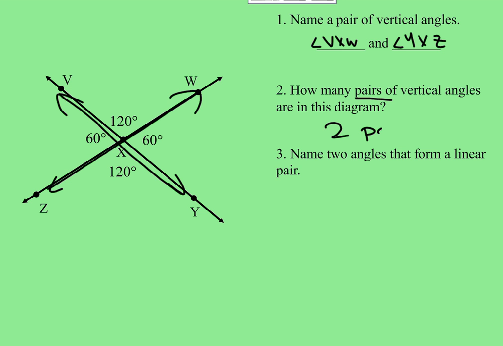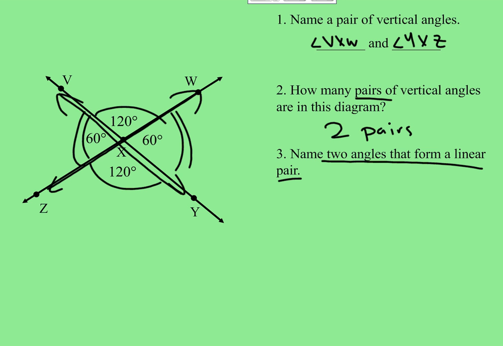Well, there are two pairs: the top and the bottom, and the left and the right. But then there are also linear pairs, two angles that create a line. This one and this one create a line, and this one and this one also create a line. So pick either one of those that you want. I can say angle YXZ and angle ZXV form a linear pair.